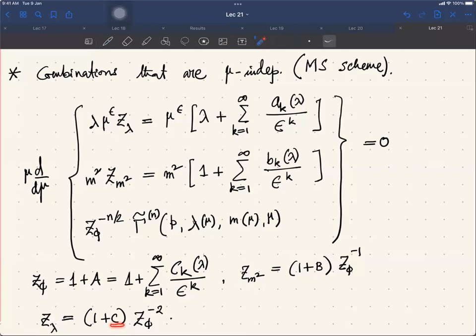If you equate these expressions with these ones, then that defines what ak and bk are, and from a one can read out ck. So these are only poles, and the residues are mass independent. So this is the structure that we got.